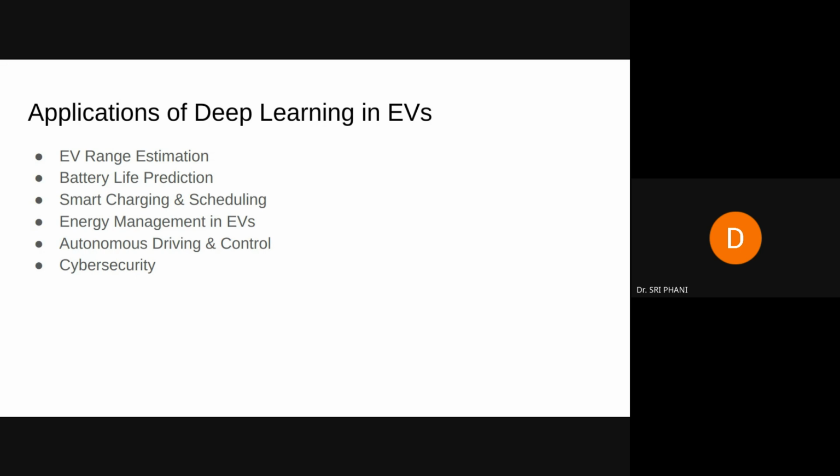Energy management in EVs, because you don't have only the motor but also different loads in the EV vehicle. So all those things need to be taken into account. And autonomous driving and control. This might not come straight away into the realm of electrical engineering in some colleges.